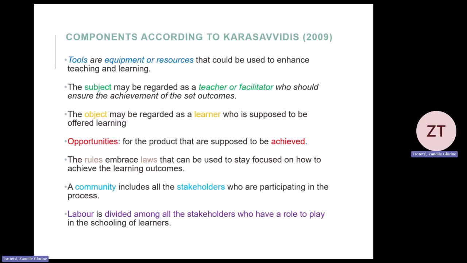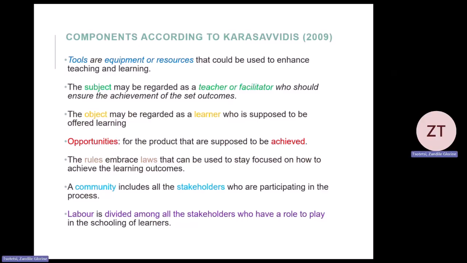outcomes. The rules embrace laws that can be used to stay focused on how to achieve the learning outcomes. And the community includes all the stakeholders who are participating in the process.